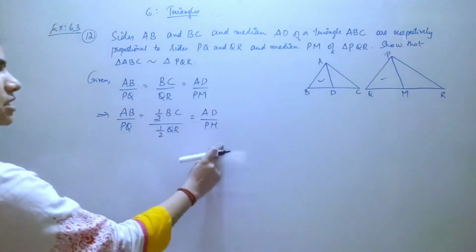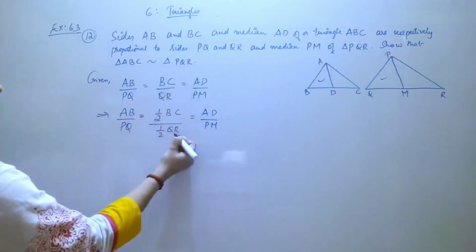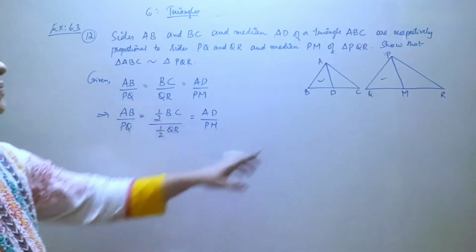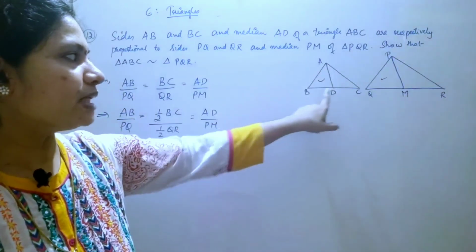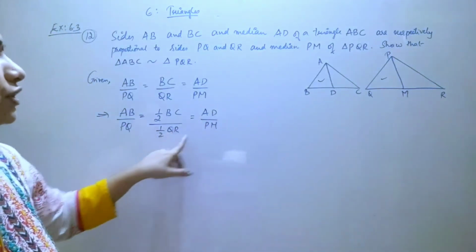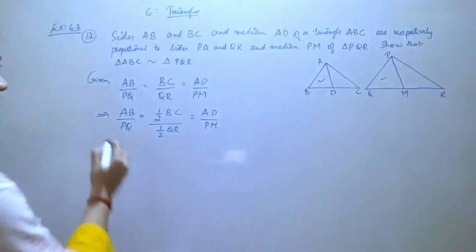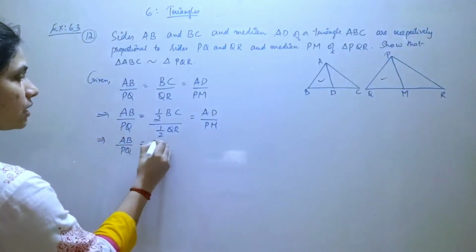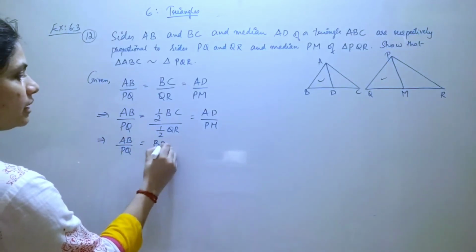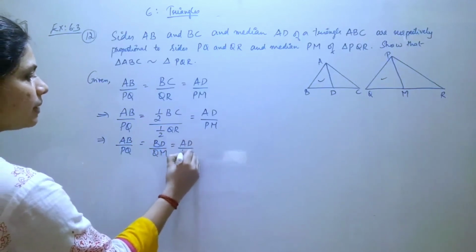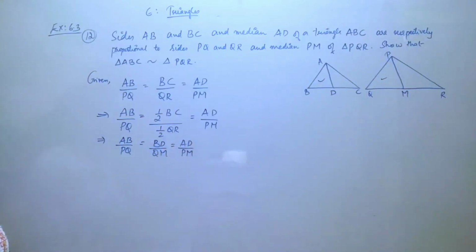Okay, so these two fractions we are not altering, we are just altering this fraction, but the answer will not differ. Now why we are making this is, since AD is median, half of BC can be written as BD and half of QR can be written as QM. Okay, so I will get AB by PQ is equal to BD by QM, which is equal to AD by PM, right?